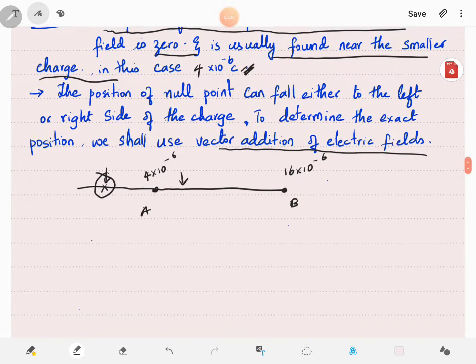Let's say this distance is x from A. This point C, I will call the null point, and I will assume the distance from A is x meters, and from A to B this distance is 6 meters, which is already given to us, so this distance is going to be 6 plus x. Without actually solving, let us just find out whether C can be a null point or not.